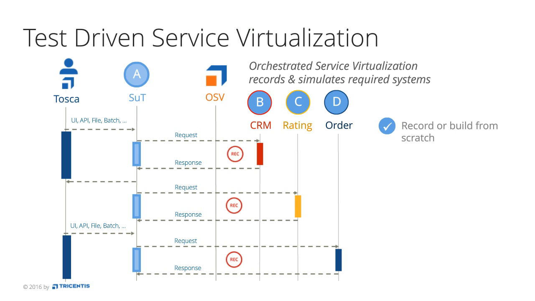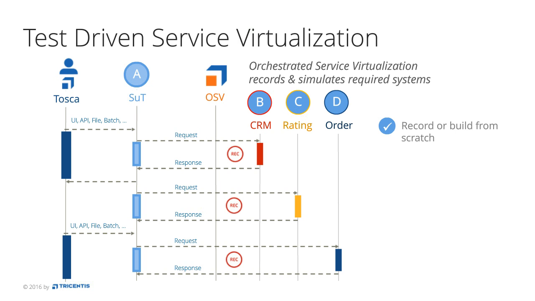These service requests, like get a customer and then send back the customer data, can be recorded, or they can be built from scratch. Scratch means you can use a definition file like a WSDL, a Swagger file, a WADL file, or also some example files, could be XML files or JSON files, for example.